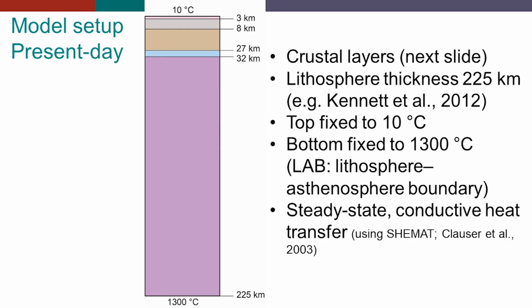And the top temperature is fixed at 10 degrees. The bottom is fixed at the LAB temperature of 1300. Now it turns out that temperature at the bottom, you can fiddle with that quite a bit, and it doesn't actually change what's happening in the crust. And then steady state conductive heat transfer equations were solved using the program SHEMAT.